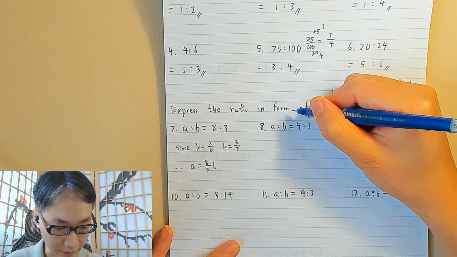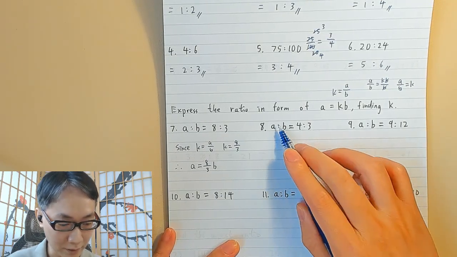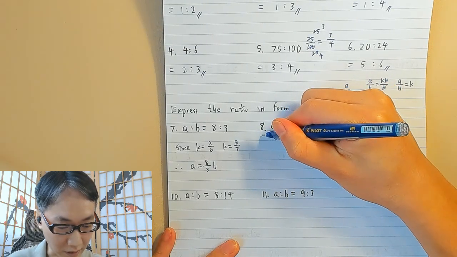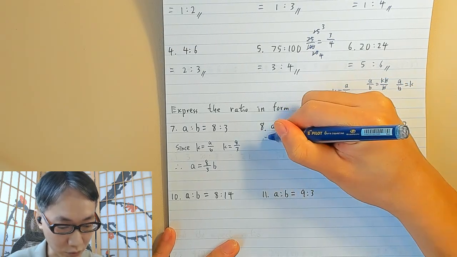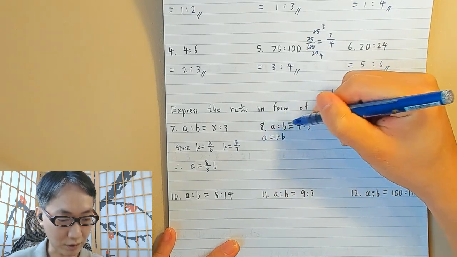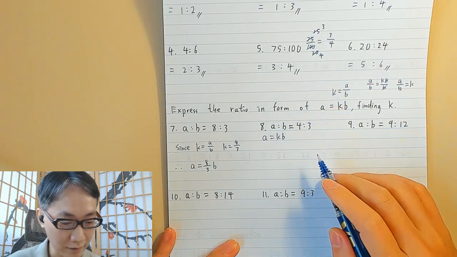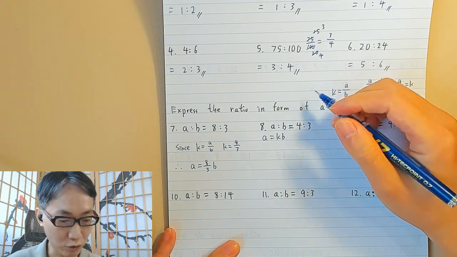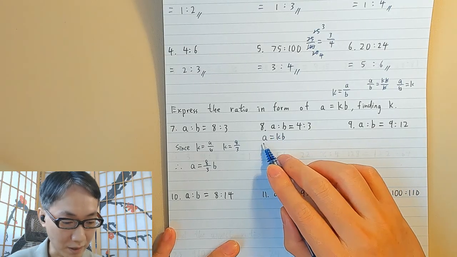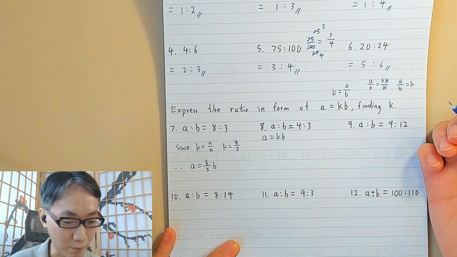So number 8, A to B is equal to 4 to 3. From this expression, we can always see that this can be expressed as A equals to KB, because when A and B have the same ratio like this, which means A is directly proportional to B, and when A is directly proportional to B, they can be expressed in this form, this equation A equal to KB.